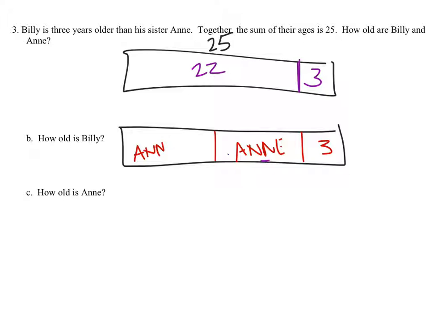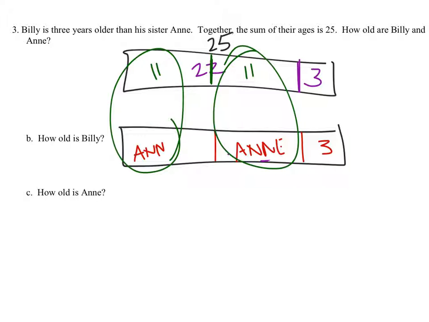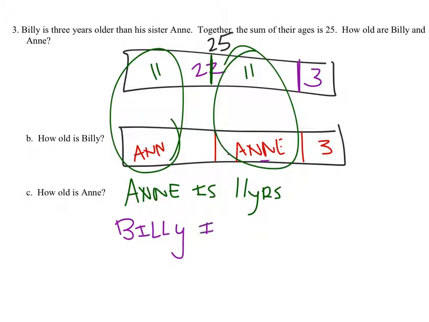And now when we split these 22 up into two 11s, we can see that Ann is 11 here, represented by 11 right here, which means Ann is 11 years old. And then Billy, he is 3 years older than Ann, so he would be 14 years.